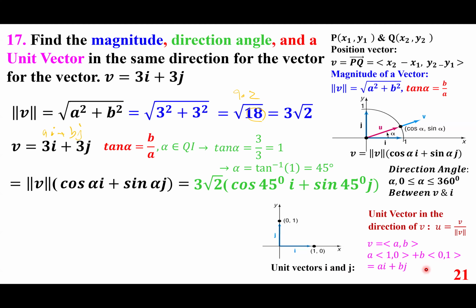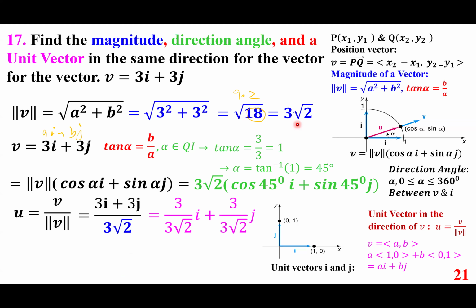So we are going to go with that formula. We are going to use v and divide it by its magnitude, 3 square root of 2. So let's make up two fractions.